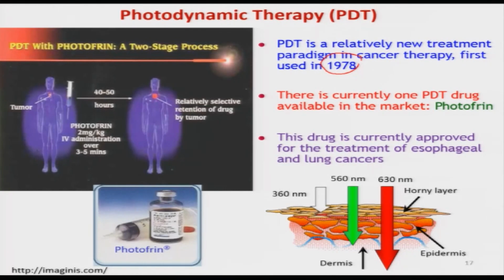For example, this diagram is showing PDT with photoprin, where the patient has a tumor cell. Say, for example, here is a tumor. So, 40 to 50 hours before, you inject the photoprin, the photosensitizer, basically 2 milligram per kg, slowly. This photoprin will, of course, go to other parts of your body as well, but it is also selectively concentrated in the tumorous cell.